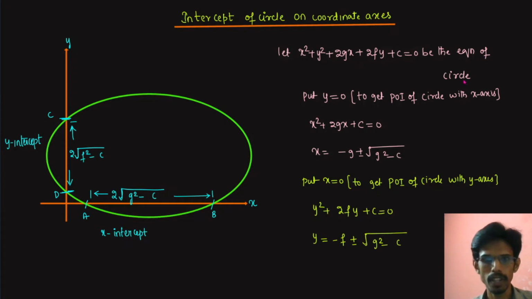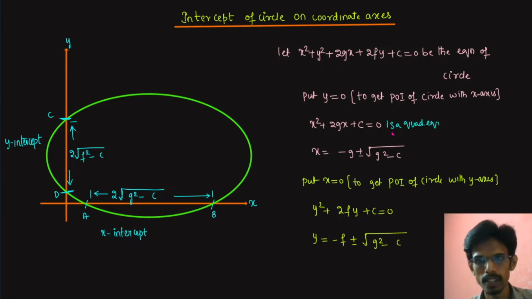Now if I put y equal to 0 to get the point of intersection of circle with x-axis, that is point A and point B, I'll get x square plus 2gx plus c equal to 0, a quadratic equation.